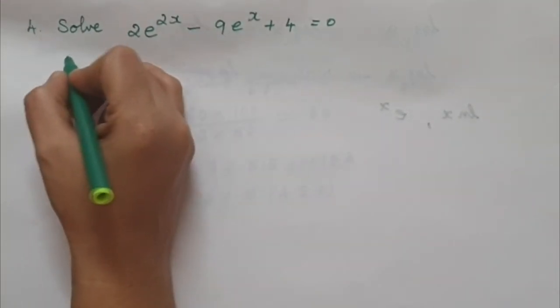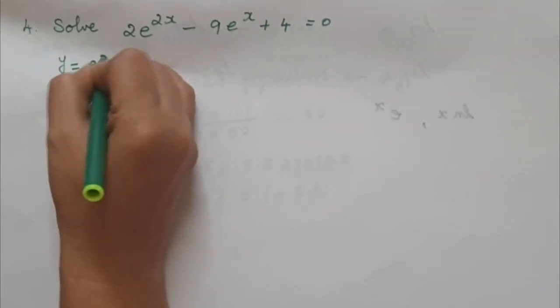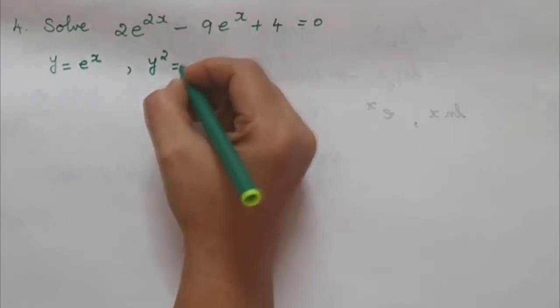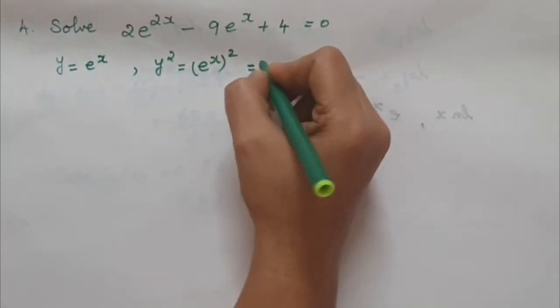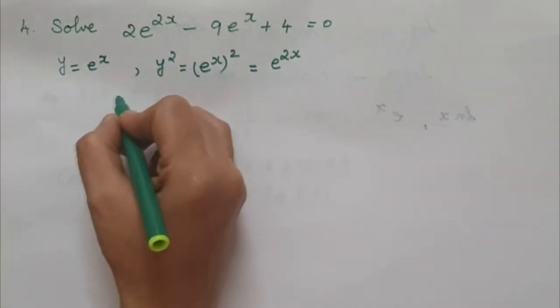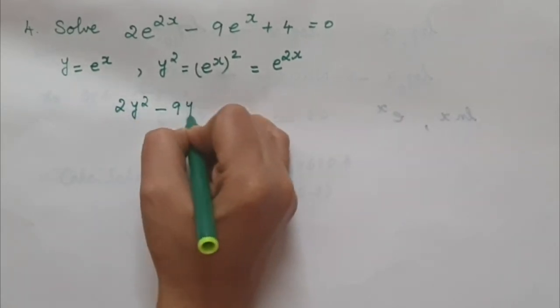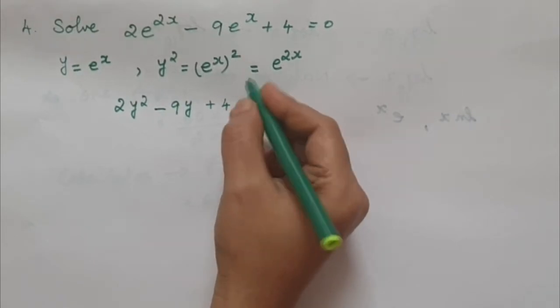Fourth question: solve 2e to the power of 2x minus 9e power x plus 4 equal to 0. Now in this question, we'll take y as e to the power of x. So y will be equal to e power x. Now when we square it, y squared will be equal to (e power x) the whole square, that is equal to e to the power of 2x. Now we'll replace it, so it comes as 2y squared minus 9y plus 4 will be equal to 0.